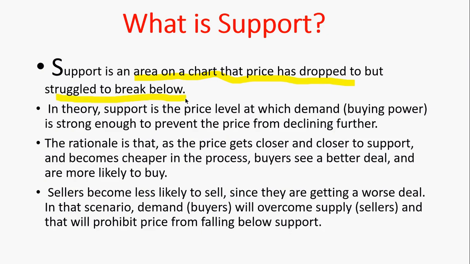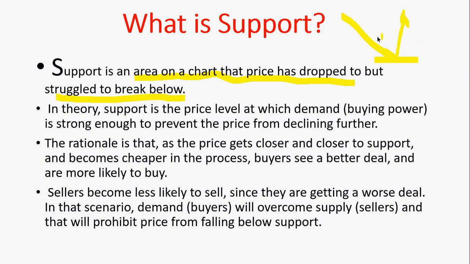I'll explain more about that. Support is where the price, for example, if the price was coming like that, reaches a point or an area and fails to break through, then it makes a turn or a bounce. That area where the price made a bounce is called the support.